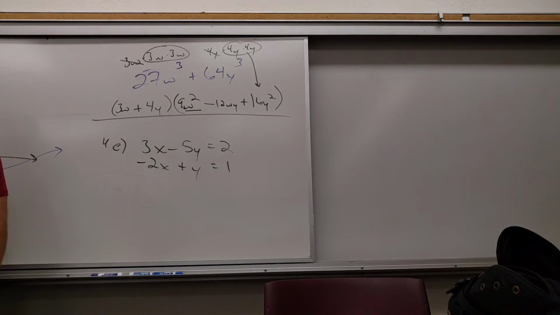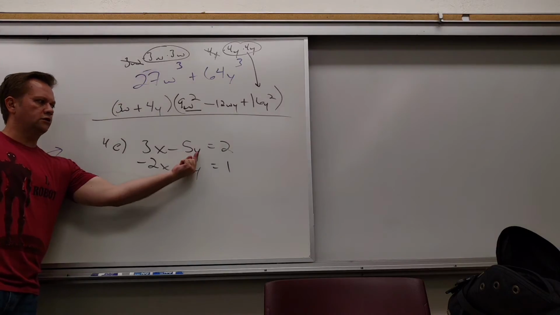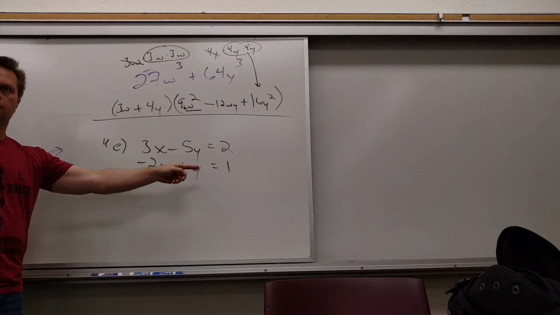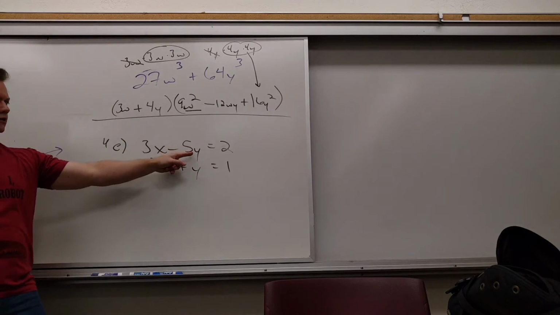That'd be a little much work. But what algebraic methods do we have? I think I heard somebody say solve for y. I might have just used one of the voices in my head. I could solve for y and then use substitution, right? That's one method. Or it's kind of set up: what can I multiply the second one by to kill the y's, for example?